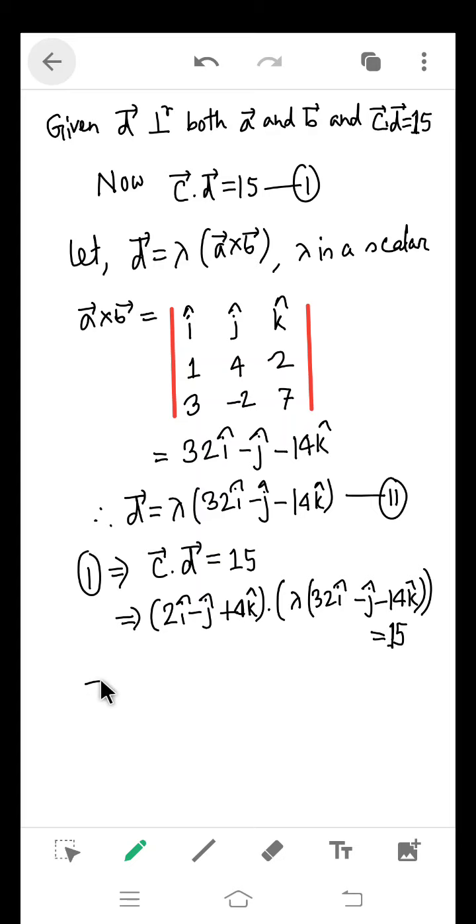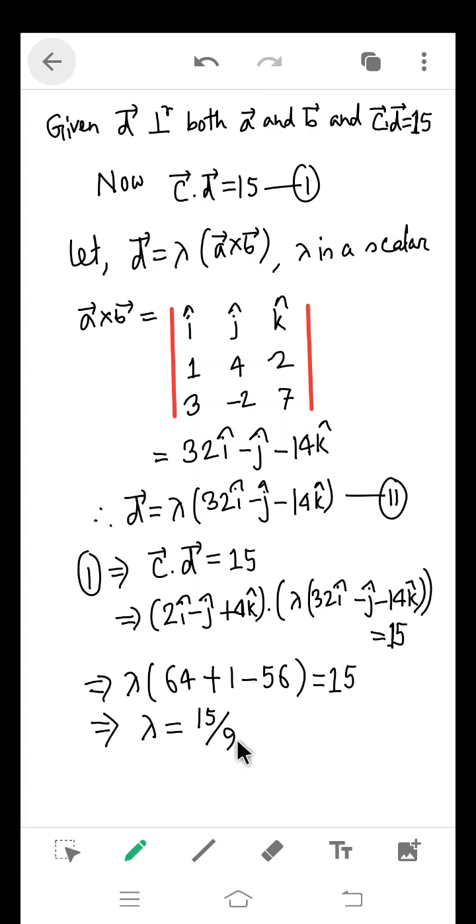So now you can continue. 2 into 32 will be 64, and lambda we can keep outside. Then minus j means minus minus plus 1. Then 4 into -14 is -56, equal to 15. So lambda into 9 equals 15, therefore lambda equals 15/9.